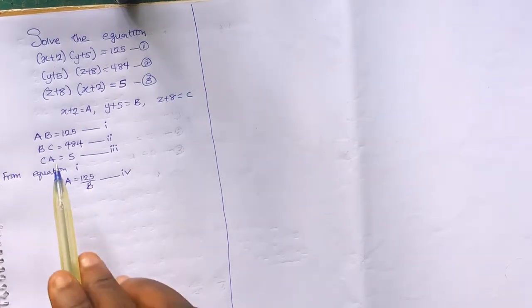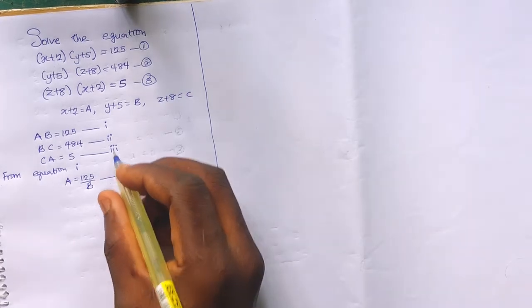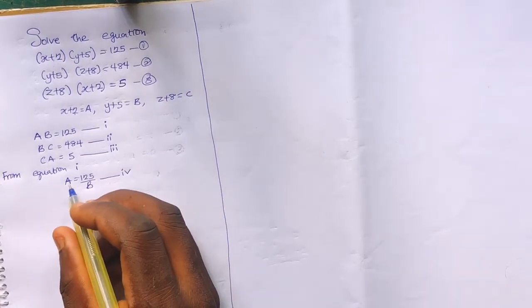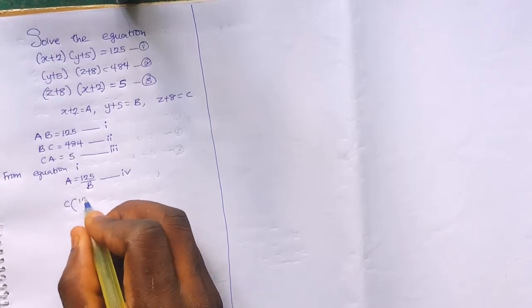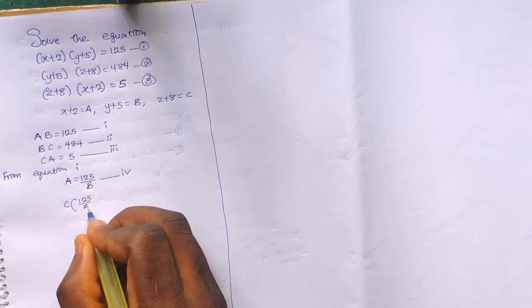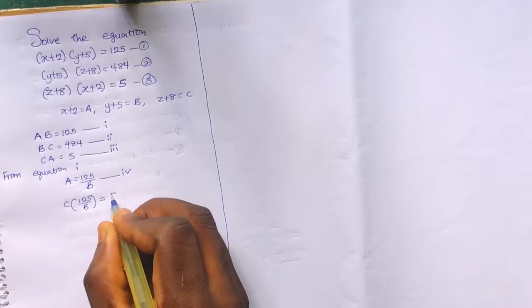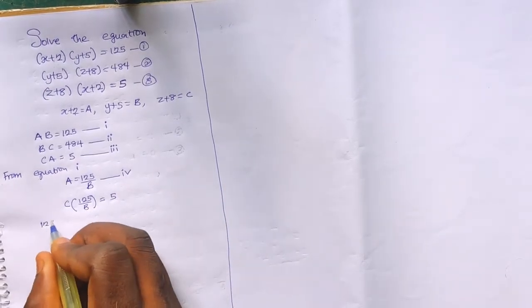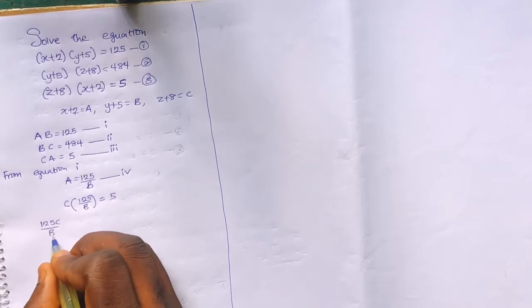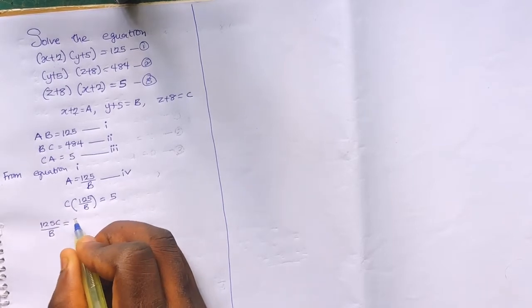What I can do is substitute this value into equation 3. So I'm having c into bracket 125 divided by b, which is my a, equals 5. So actually I'll have 125c divided by b equals 5.